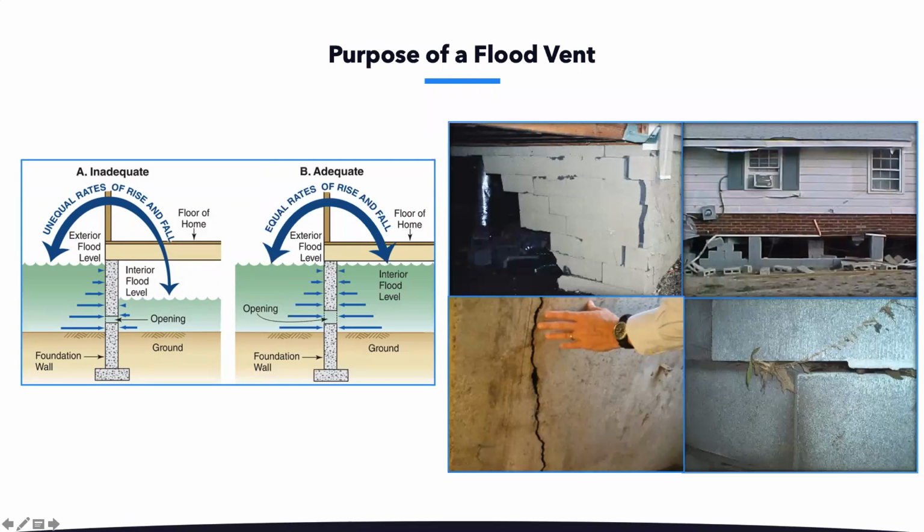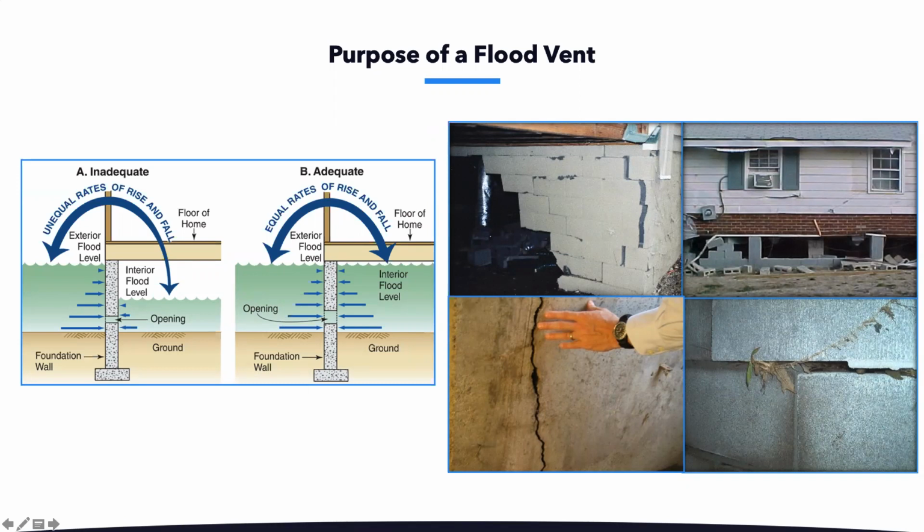What you look at on the left-hand side is a non-engineered vent. Non-engineered vents, as you're about to see, can easily become clogged because they're not designed to be flood vents. They're just typically air vents. So that is a great example of this positive and negative pressure on the foundation, potentially causing a collapse like we see with these pictures on the right.